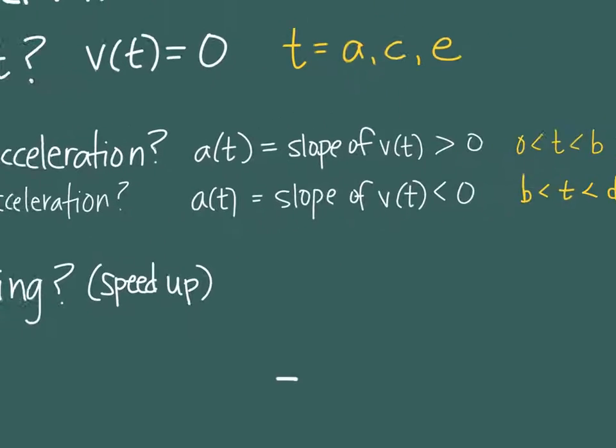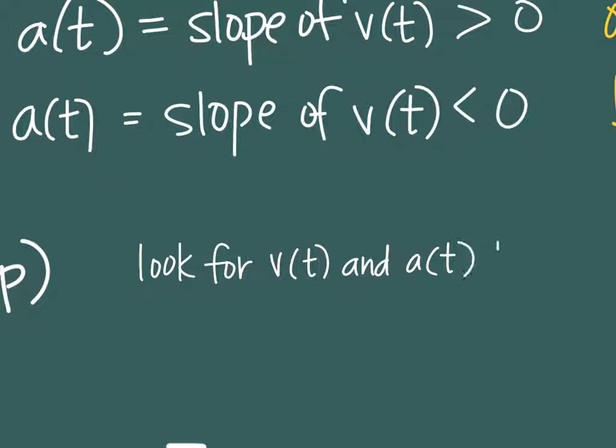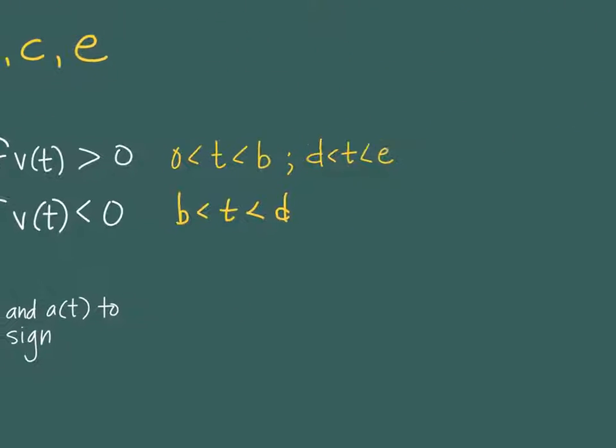All right, so what we're looking for is V of t and A of t to have the same sign. I don't even have to look at the graph. I can look at my yellow answers that I've been doing right here.